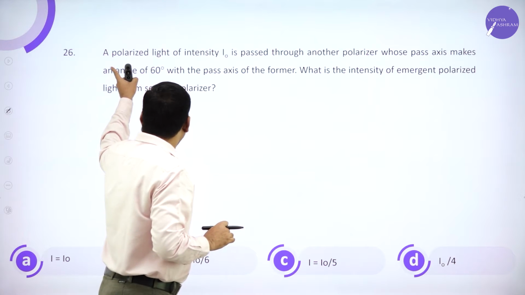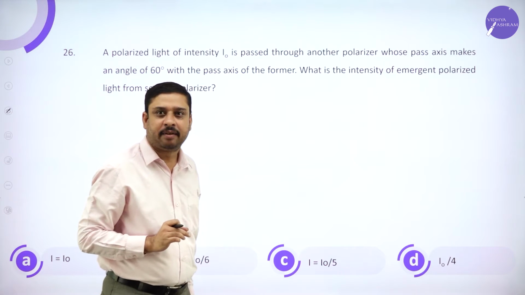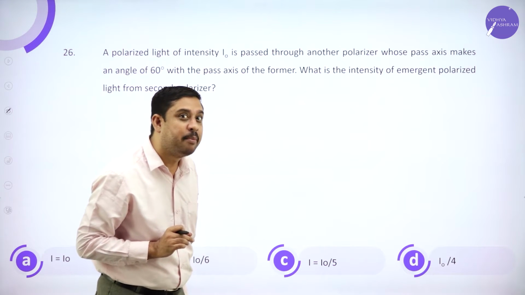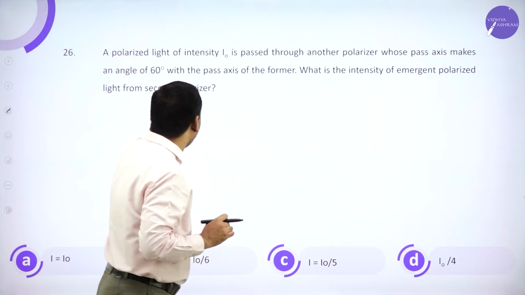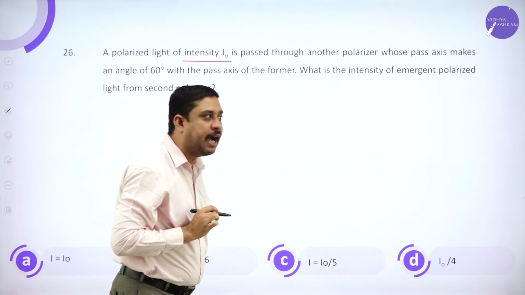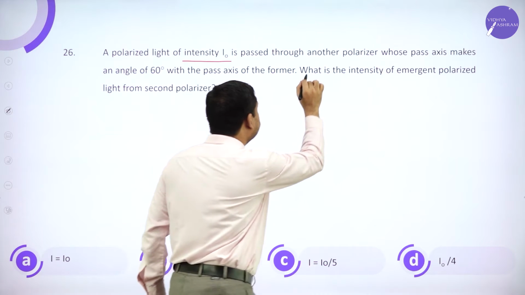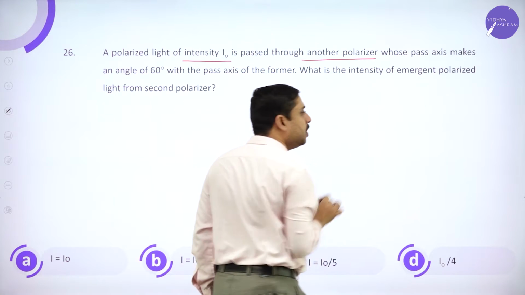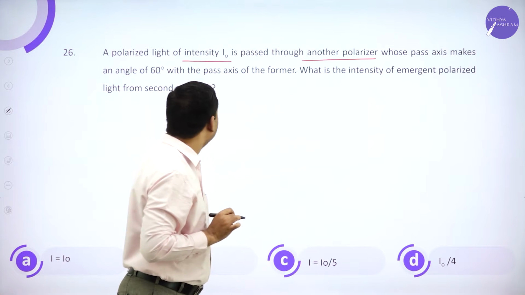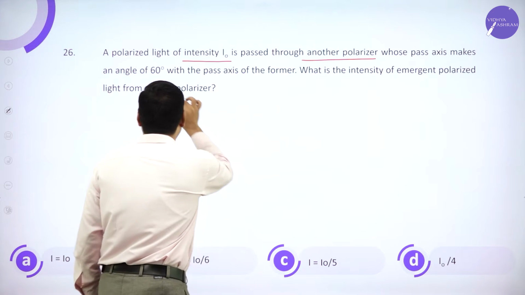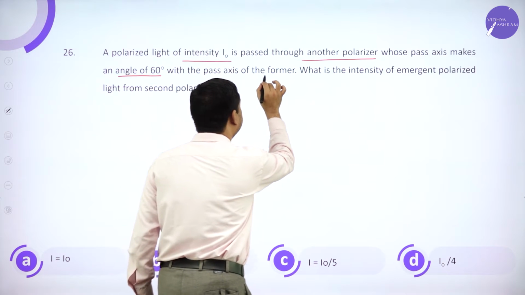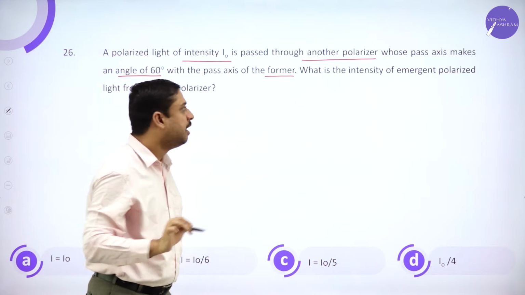Now, polarized light, from the polarization chapter. Brewster's law, Malus's law all come. Polarized light of intensity I0 is passed through another polarizer whose axis makes an angle of 60 degrees with the former.